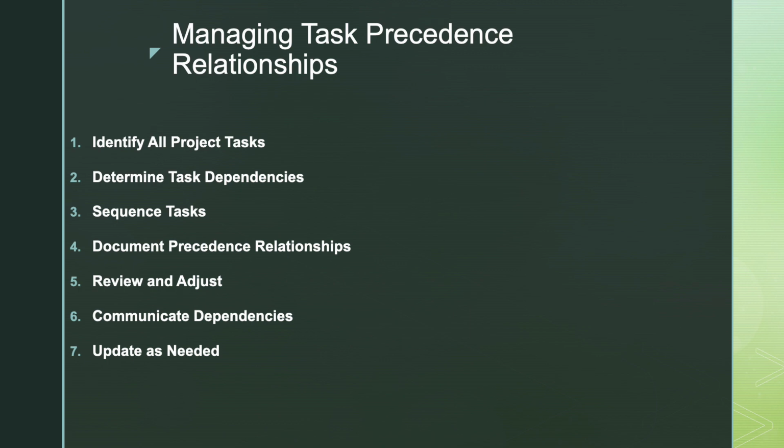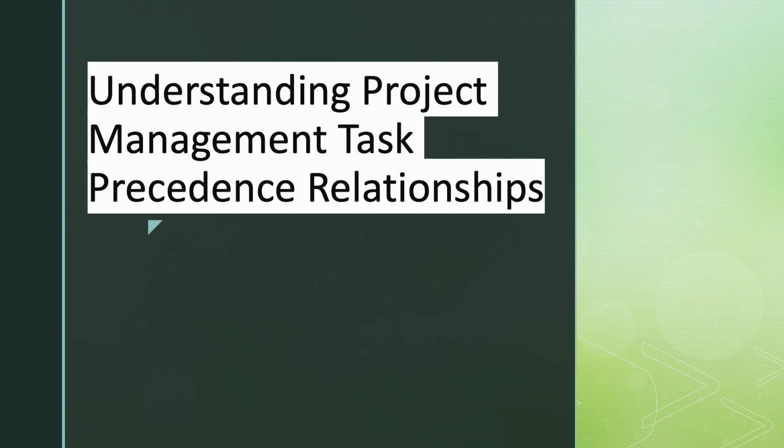Effectively managing task precedent relationships will ensure that tasks are completed in the correct sequence to keep the project on track. Understanding and managing task precedence relationships is essential for every project's success. They ensure tasks are completed effectively, critical paths are identified, and resources are utilized effectively.